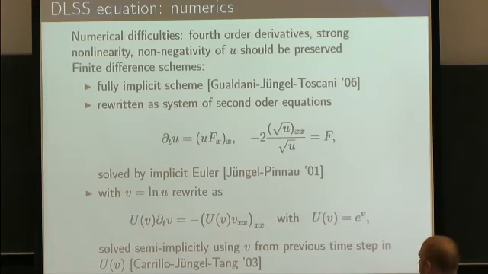Then you can try to rewrite the fourth-order equation as a system of second-order equations with some flux f and solve that by implicit Euler. In a reformulation of the equation, Carrillo together with Jüngel and Tang solve that using a semi-implicit method. So there are some approaches to solve that numerically as well.